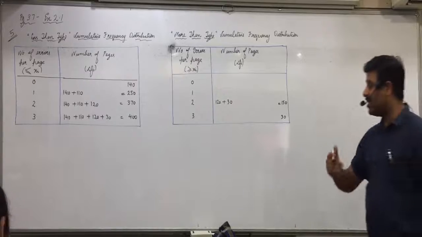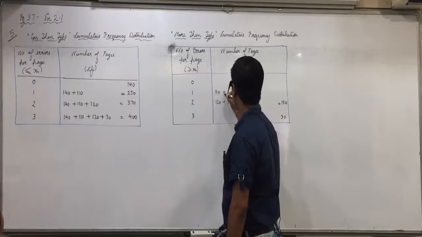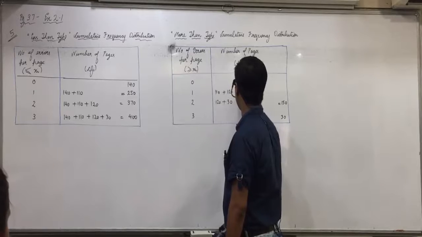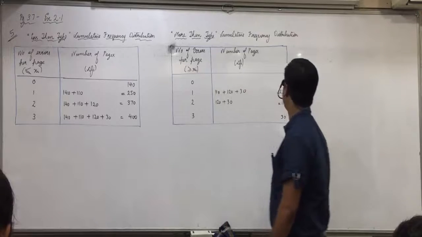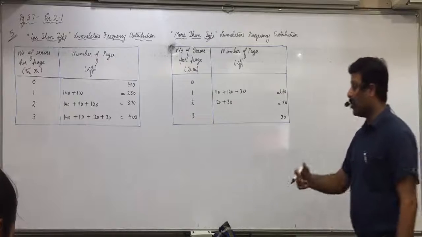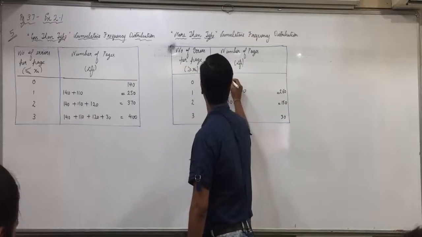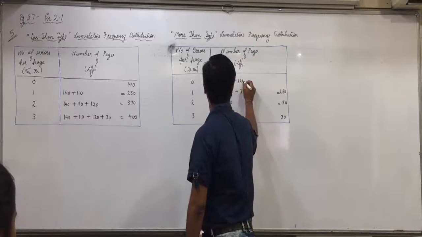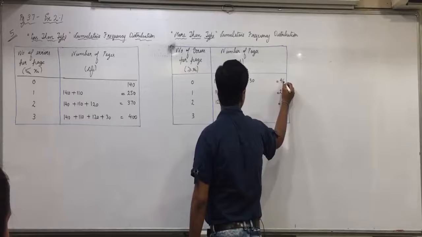Now see the last three frequencies, what are those? 110 plus 120 plus 30. So 260. Okay. And then from first one, 140 plus 110 plus 120 plus 30. That is 400.